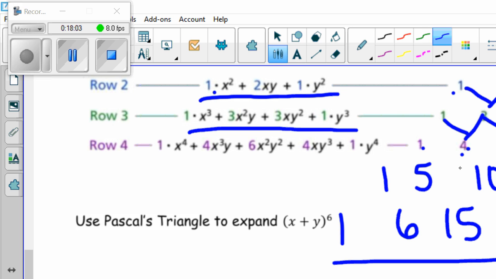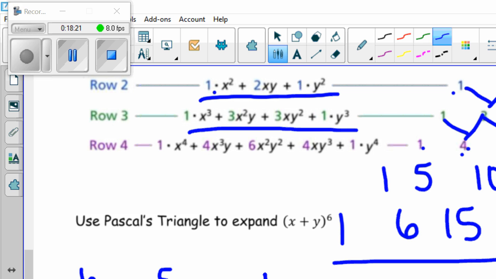Okay? So I would have x to the 6th, 1x to the 6th, plus 6x to the 5th y. So as my x's decrease, my y's are going to start increasing.